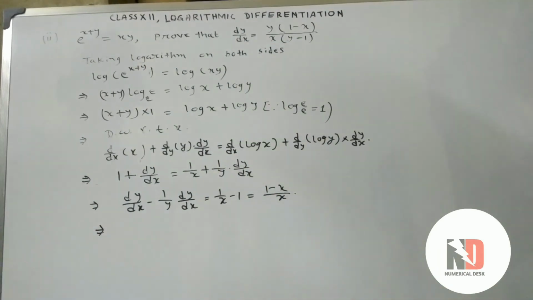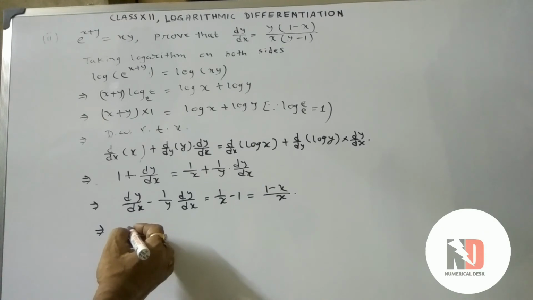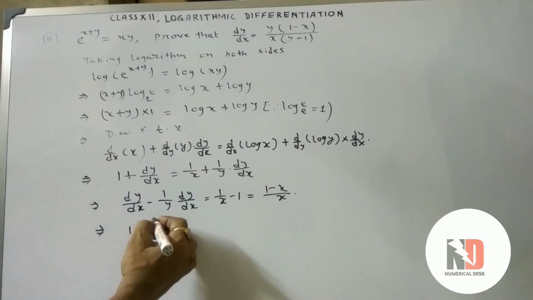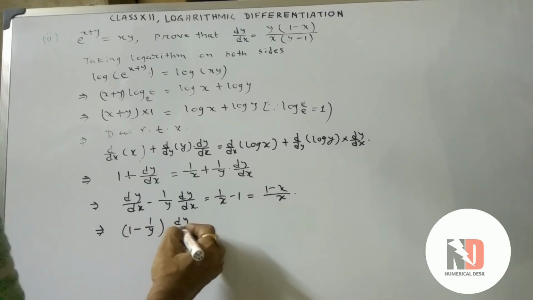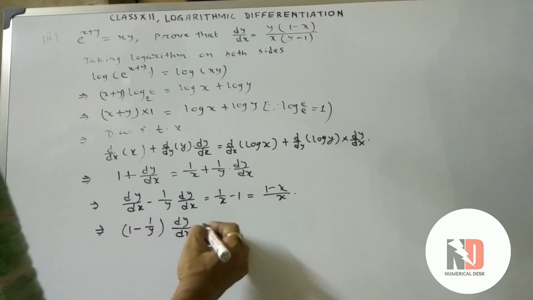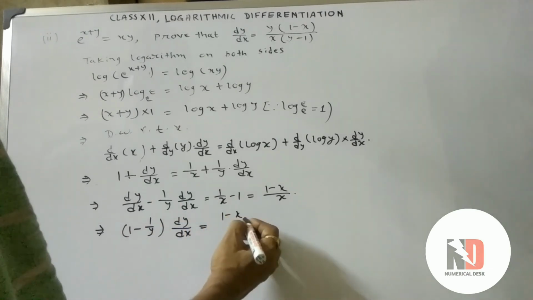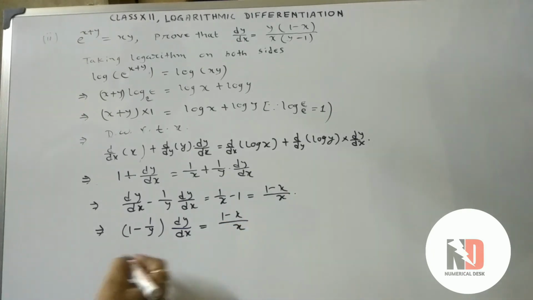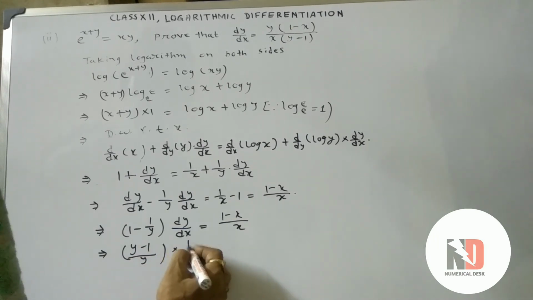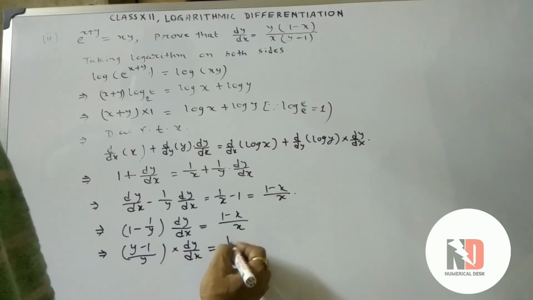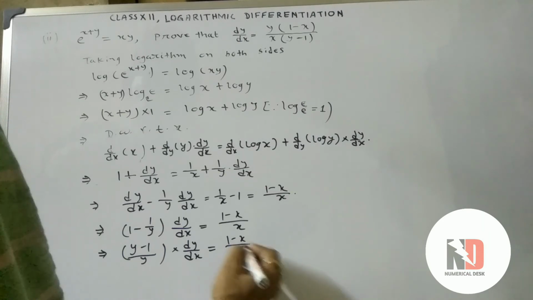Now see that dy by dx, we take common, so the sum will follow. So dy by dx times, taking the LCM, y minus 1 by y, is equal to 1 minus x by x.